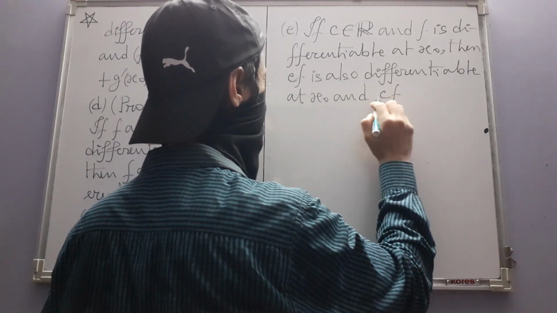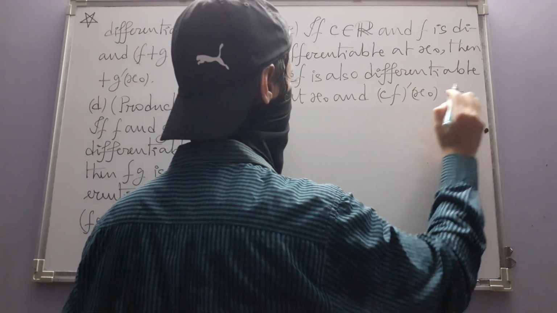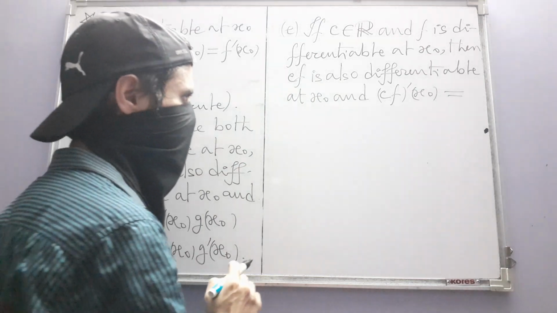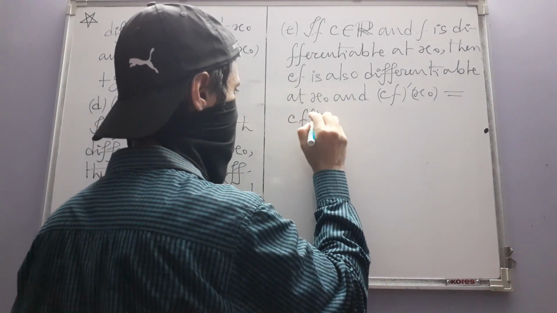This is another of the familiar things which we always use while differentiating functions in calculus. It is that c times f prime of x naught.